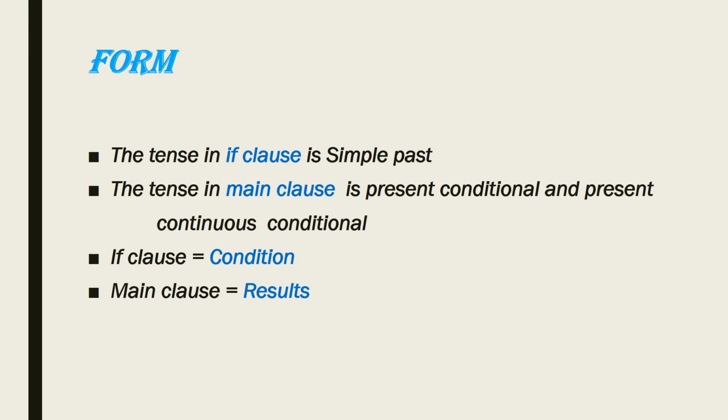These two are in the main clause, while simple past is in the if clause. The if clause is the condition clause, and the main clause is the result clause.